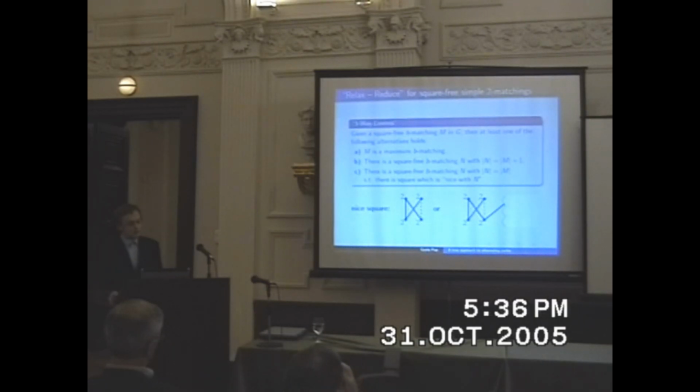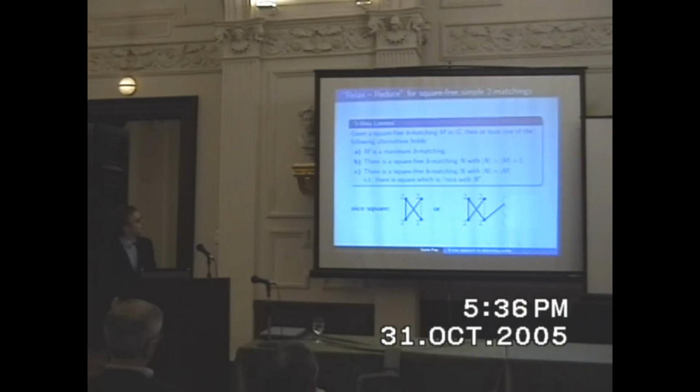A three-way lemma can be formulated as follows. Either our current square-free B matching is optimum in the relaxed problem, it is a maximum B matching, or we can augment, find a larger square-free B matching, or we find this constellation.